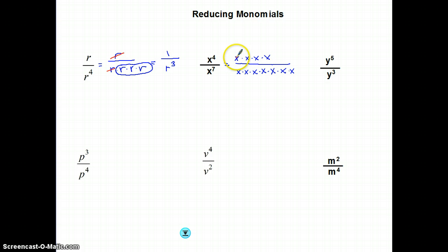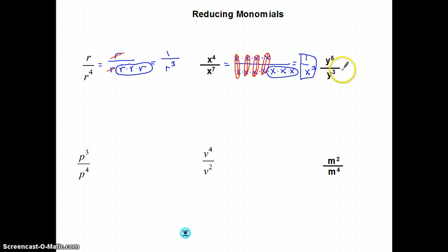Crossing out the common factors from the numerator to the denominator, I cross out one pair of x's, the second pair of x's, a third pair, and this fourth pair. All of these are in common with the numerator and the denominator, so I may cross them out. On the top, I have a 1 since everything canceled, and on the bottom, I have 3 x's being multiplied. I can write that as x to the third power.